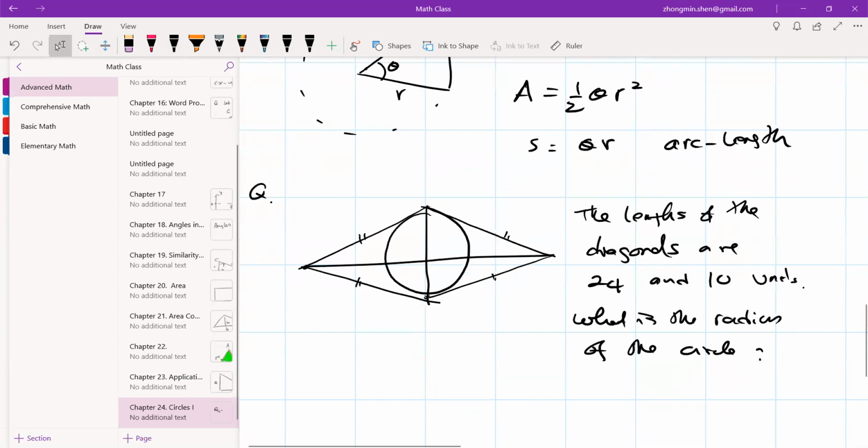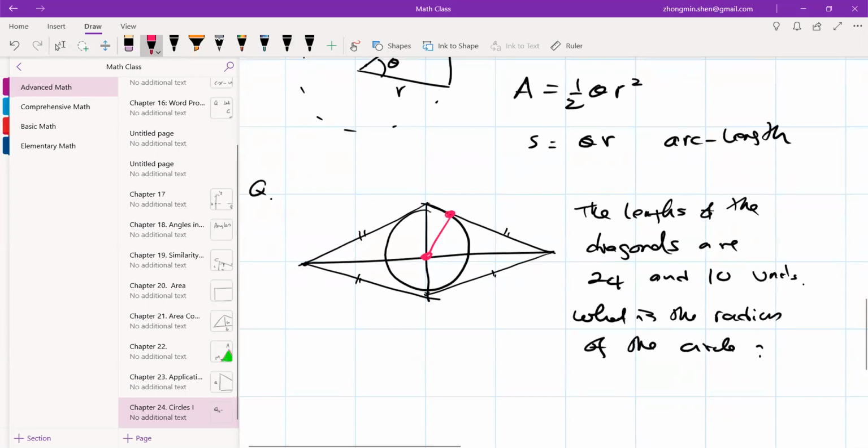Draw the important points and lines. This will be the tangent point, and the center is an important point, so you connect it. Use the first factor I already mentioned: this must be a right triangle, and this will be the radius. All right, now we are ready to solve the problem.